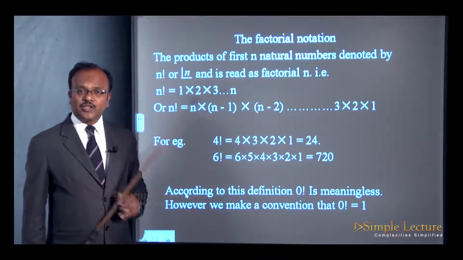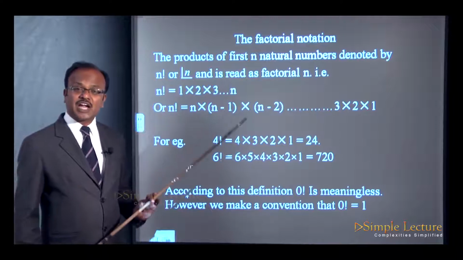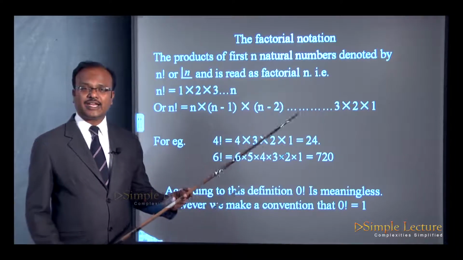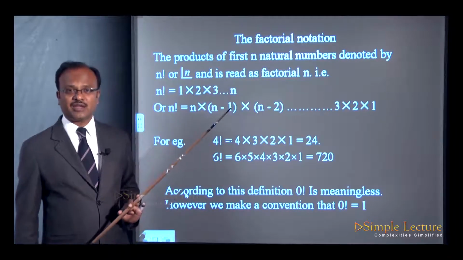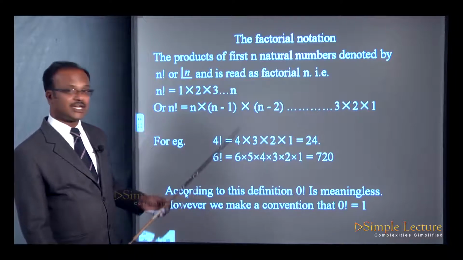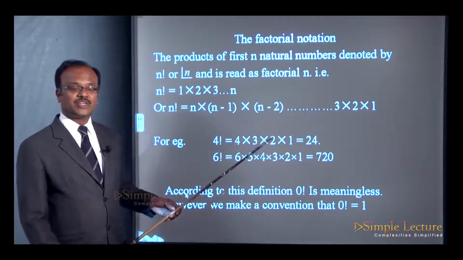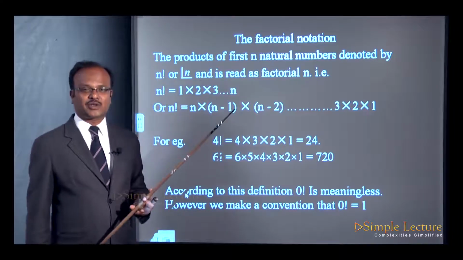Therefore, if you have 4 factorial, now n is how much? 4. So start from 4 and go on writing the product up to 1, reducing 1 at a time. That means 4 factorial is equal to 4 into 3 into 2 into 1, which is equal to 24. What if you have 6 factorial?